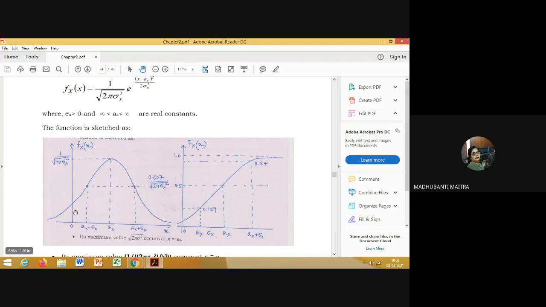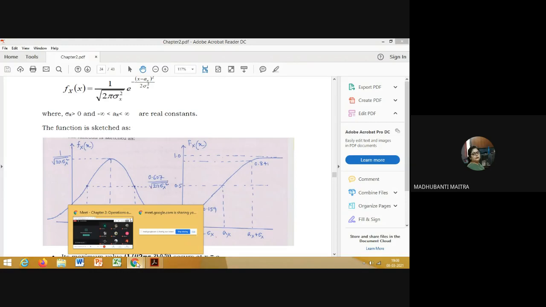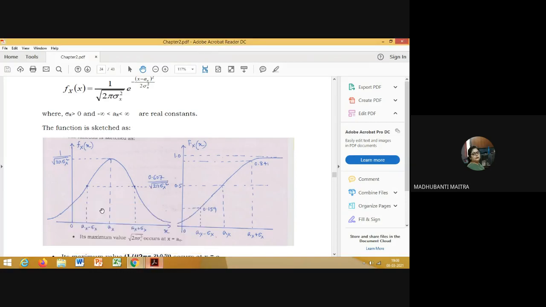Number two, what is the nature of this bell-shaped function? This is one representative figure, right? Another bell-shaped function, just follow the cursor since I don't have the board, could be drawn like this.